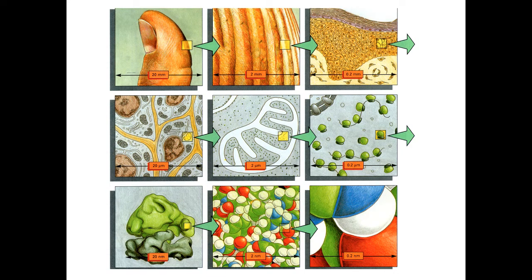Now, this is kind of a simple-minded slide, but I like to put it in to remind you of what you have done so far in medical school. This image up at the top left, and then the next one over, you could think of as gross anatomy, where you're looking at overall gross structures.